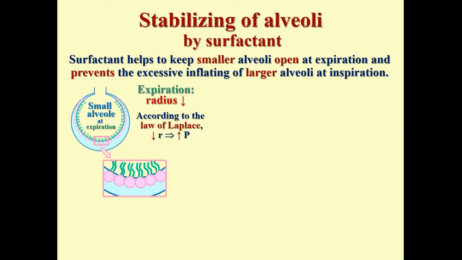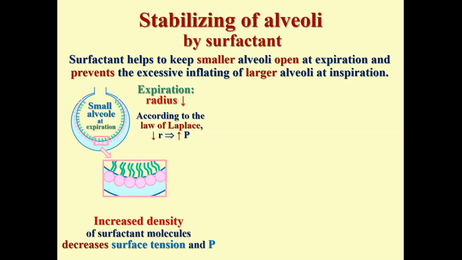More phospholipids create less surface tension. Increased density of molecules decreases surface tension, therefore decreases the collapsing pressure. So it stops the decrease in size of the alveolus.